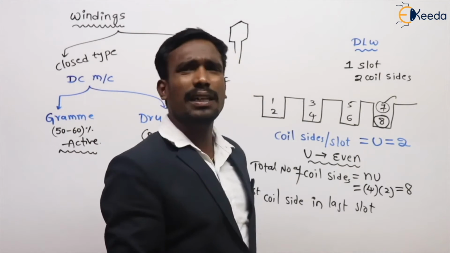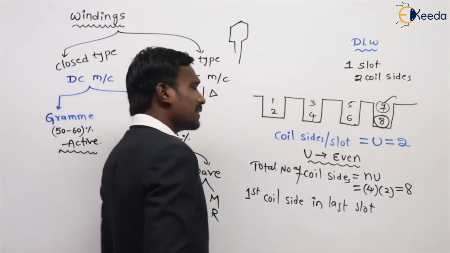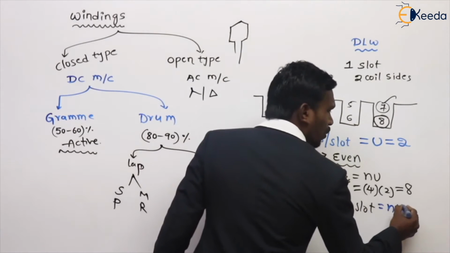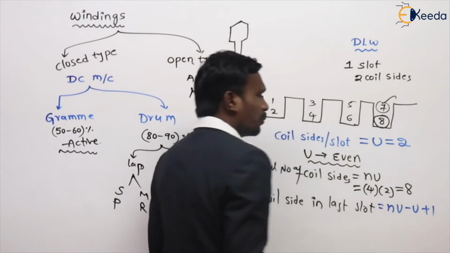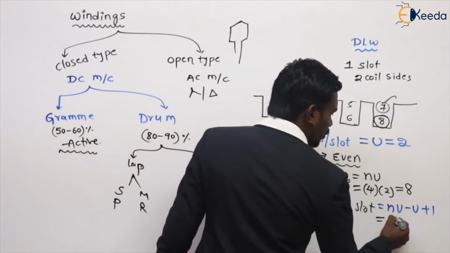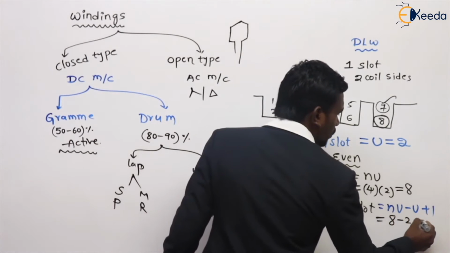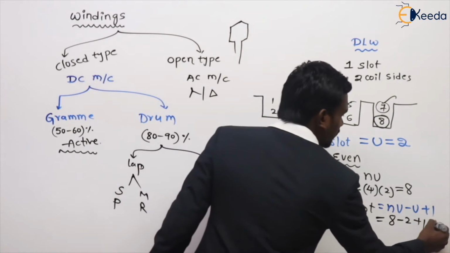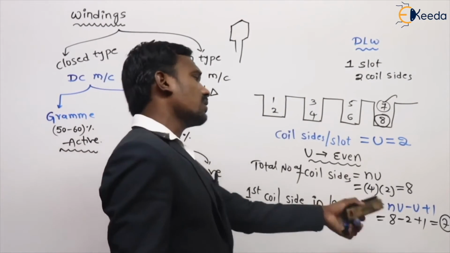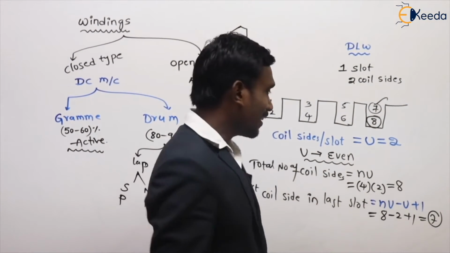That is the same number. But the first coil side in the last slot is equal to N into U minus U plus 1. What is the answer, sir? N into U is nothing but 8 minus 2 plus 1, nothing but 7. 7 is the first coil side under the last slot. Sir, this is easy, sir.